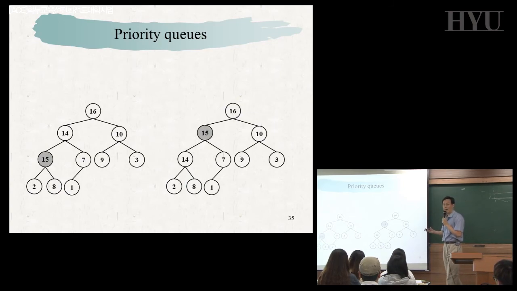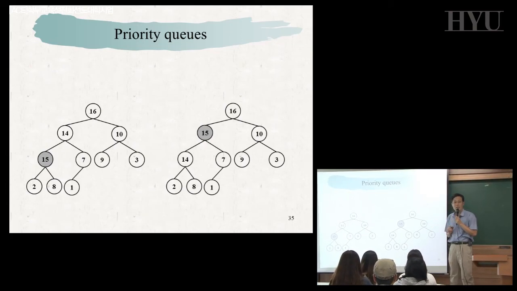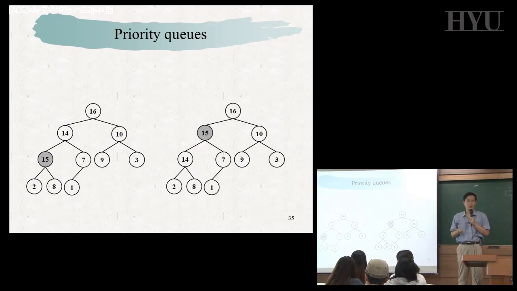Then note that there is no violation between these three keys because 15 is bigger than 8. 2 is still smaller than 15. And then the only violation happens between 15 and its parent. So we repeatedly traverse up the tree until a bigger element appears, like this.